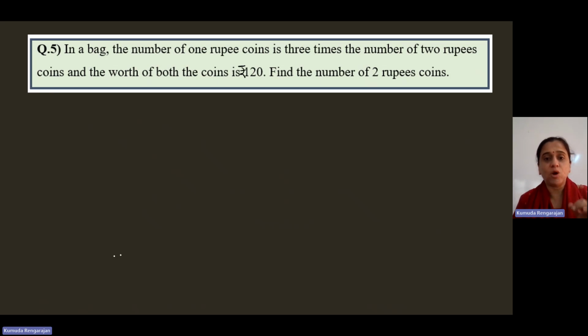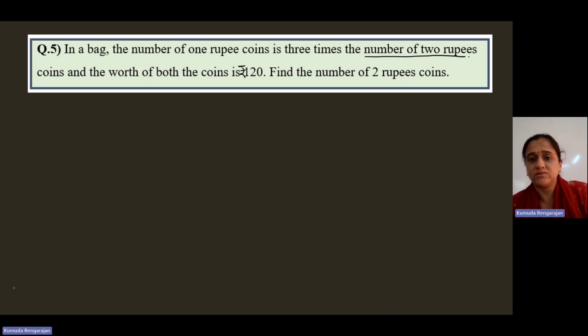Read again. Number of 1 rupee coins is 3 times the number of 2 rupee coins. So 3 times the number of 2 rupee coins is the number of 1 rupee coins. So 2 rupee coins you have, into 3, that is the number of 1 rupee coins. See, that's what is given.